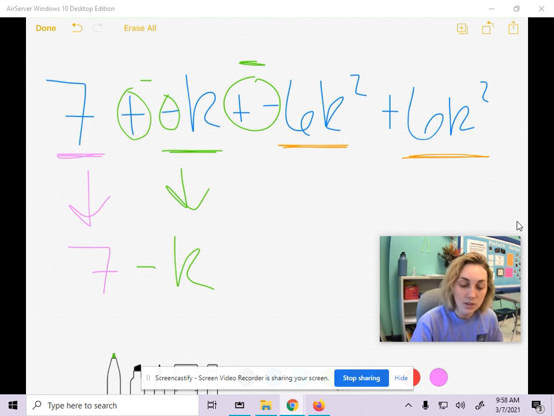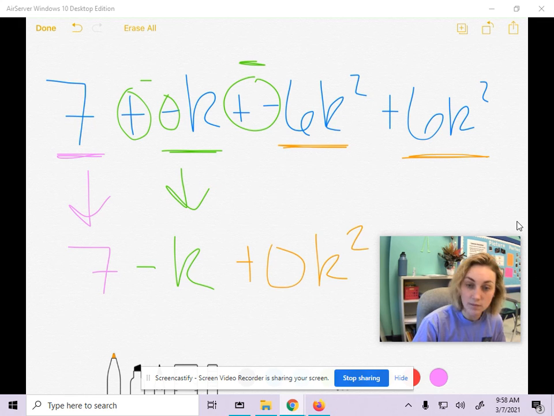But what we have here is negative 6k squared. We're going to add that by 6k squared. Again, these are like terms, so you can just add them. Negative 6k squared plus 6k squared, well, those are actually opposites. Negative 6 plus 6 would give you 0. So what we would have is plus 0k squared.